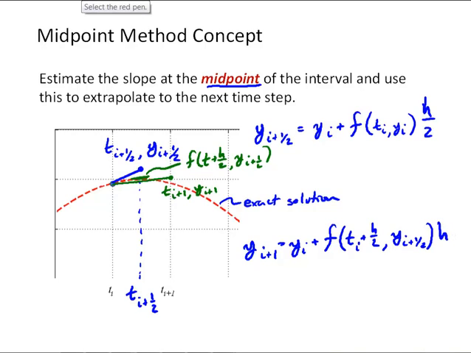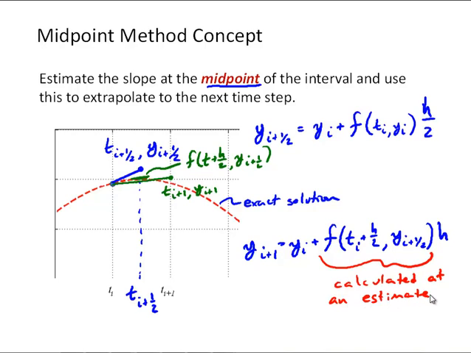So the key difference here is our slope is estimated using Euler's method to get yi plus 1/2 at an estimated midpoint of the interval.